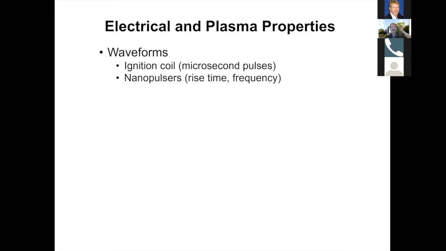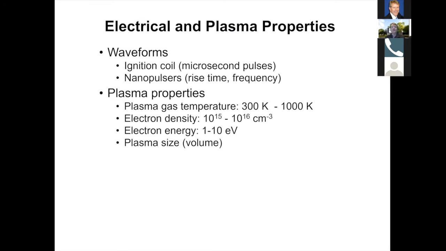The electrical characterizations are important. I won't go into a lot. This kind of study requires interdisciplinary work from electrical engineering, chemical engineering, hydrodynamic analysis. There's quite a range of things. And I won't go into the details of how we analyze the plasma, but these are just some of the typical properties that we determine in terms of our spectra.